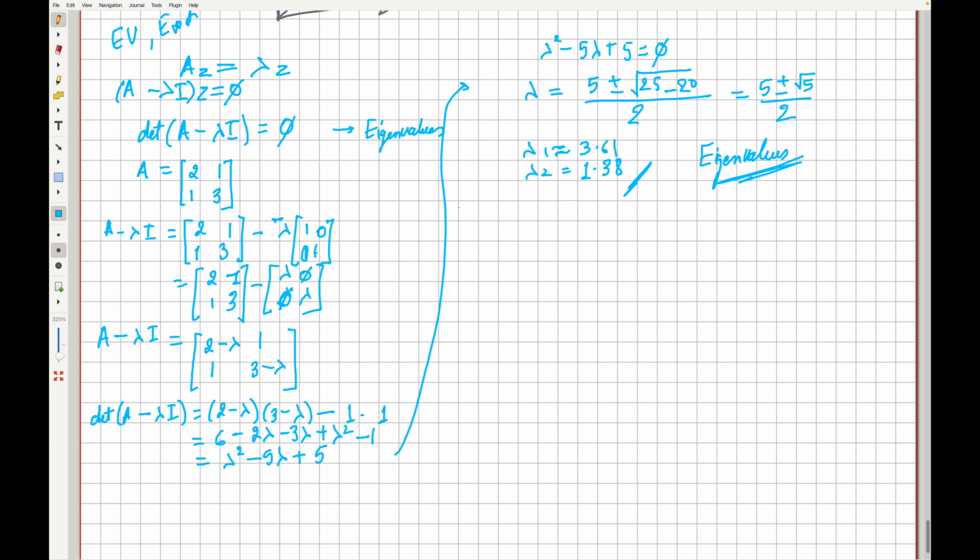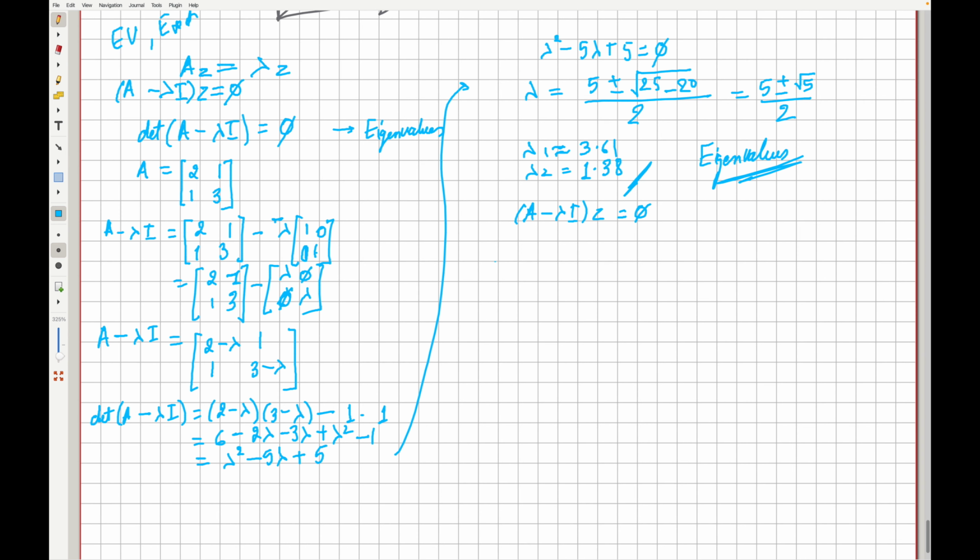We can now use these eigenvalues to get our eigenvectors, or special vectors. To do that, we go back to the relation that we had earlier, which is A minus lambda I times z is equal to 0, and we plug in the values for lambda.